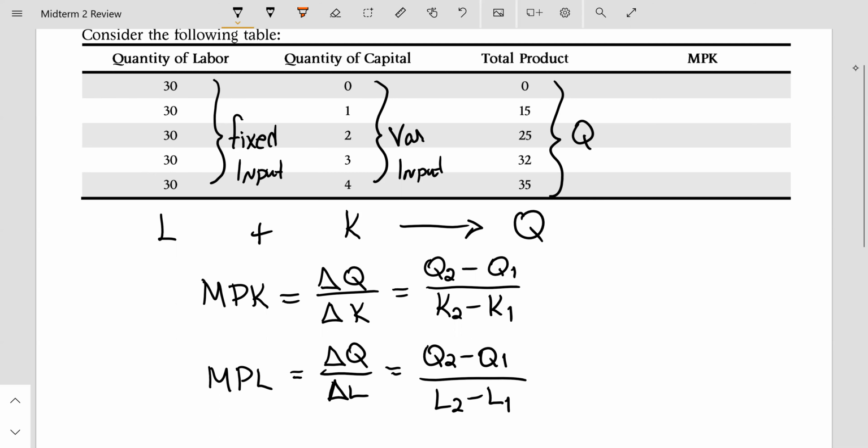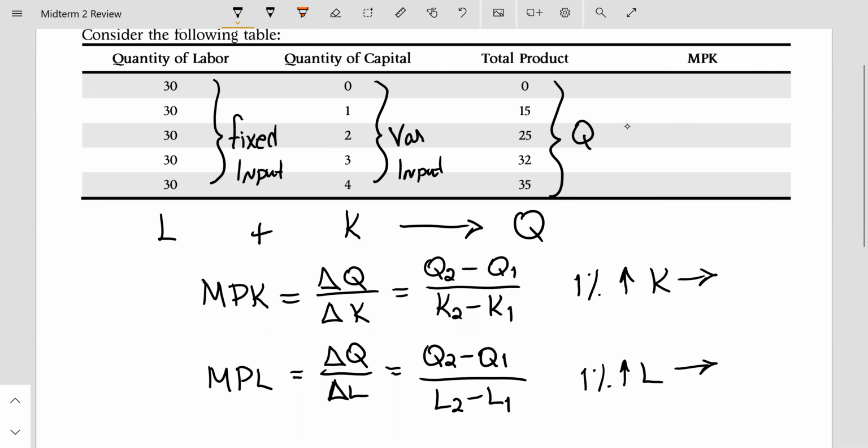Well, MPK says that if you have a 1% increase in capital, then you're going to have some change in your production. And what MPL says is if you have a 1% change or increase in labor, you'll have some change to your production.